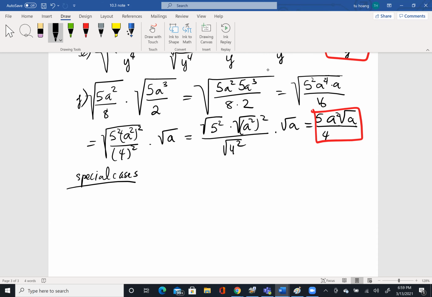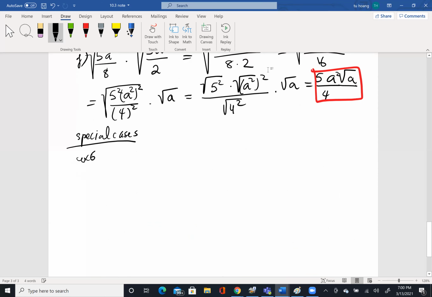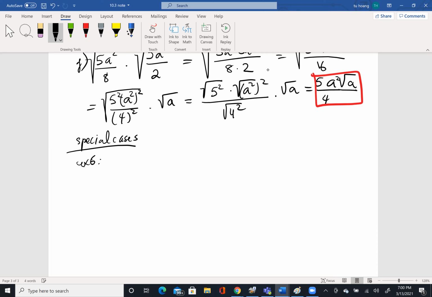So let's say example, what is that? Example 6, right? Example 6. We want to simplify. Simplify.